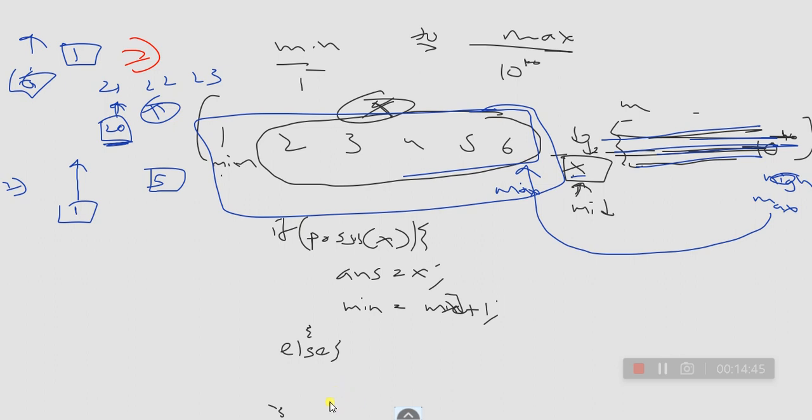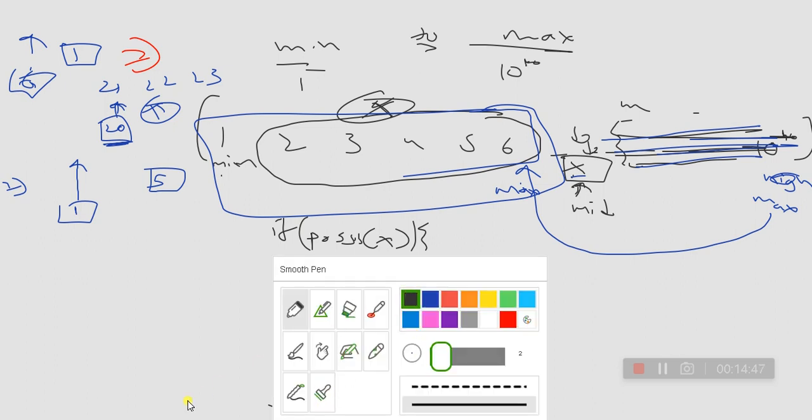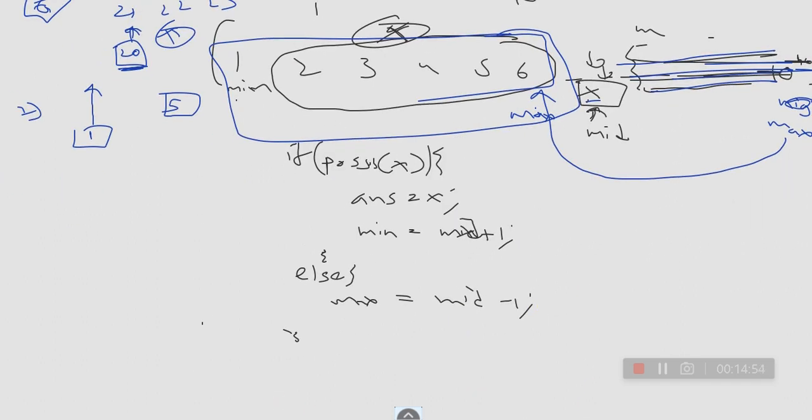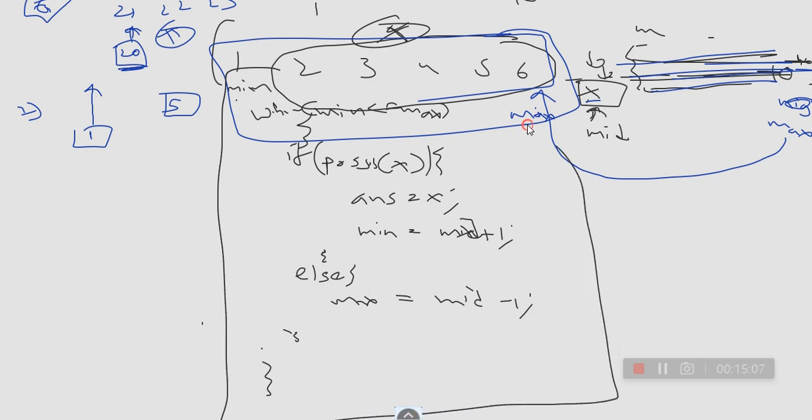So in the else case, my max will become mid minus 1, no doubt. After that, what is the value till when we are going to run this loop? While my minimum is smaller than or equal to maximum. This is working as a pseudocode for this problem.